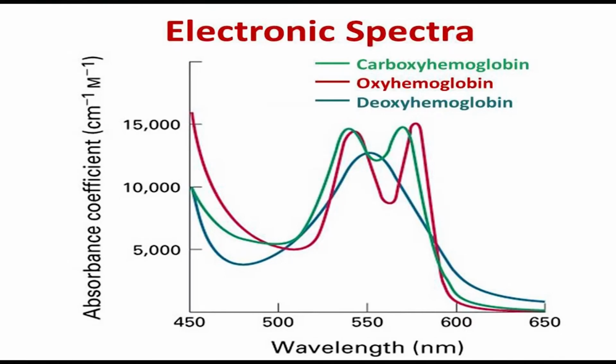Once carboxymyoglobin is formed, you can detect it very easily by spectral change. You can see that the green one is carboxyhemoglobin, which has very distinct features as compared to oxyhemoglobin and deoxyhemoglobin.